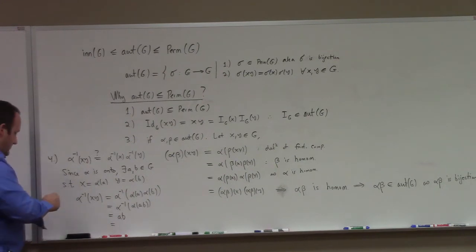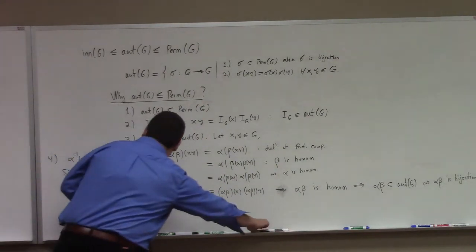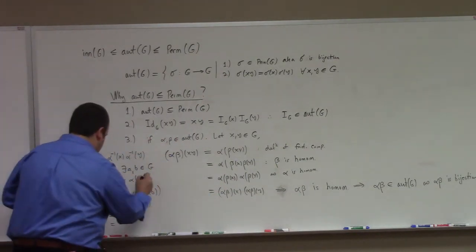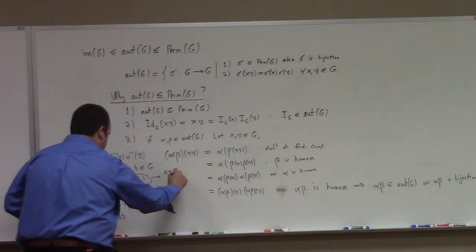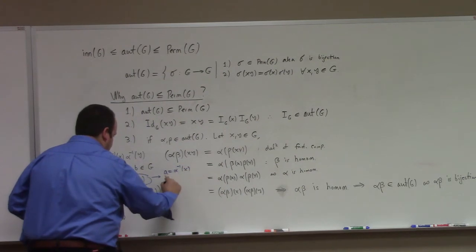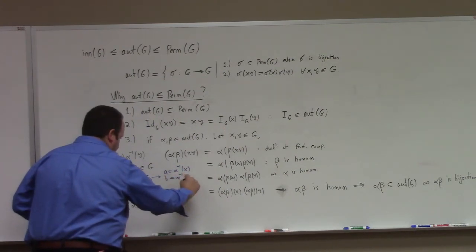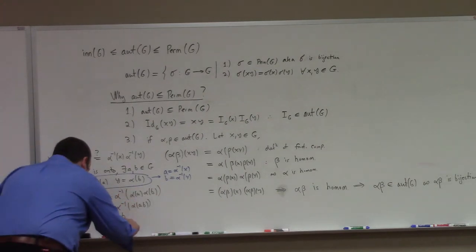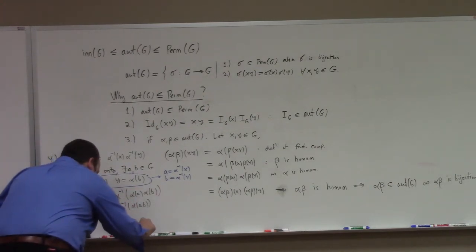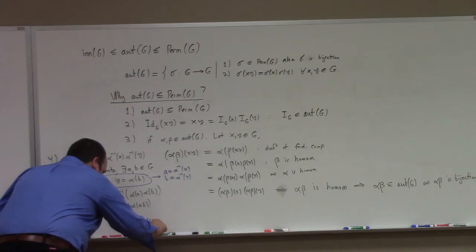Notice that we also have from this that a is alpha inverse of x, and b is alpha inverse of y. So this is alpha inverse of x, alpha inverse of y, which shows you then what we wanted.